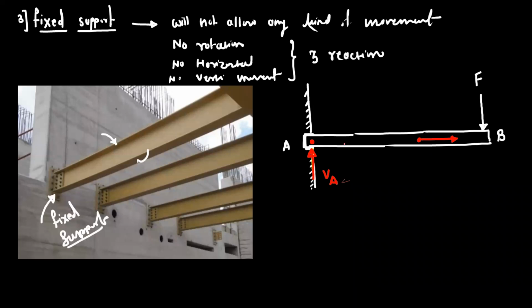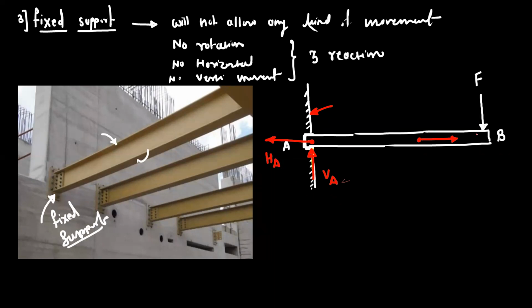So if you add one force in the horizontal direction on the beam AB, then this wall will offer the reaction in this direction. It will offer one horizontal reaction, which is HA.